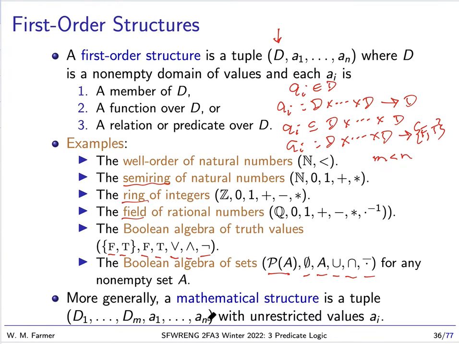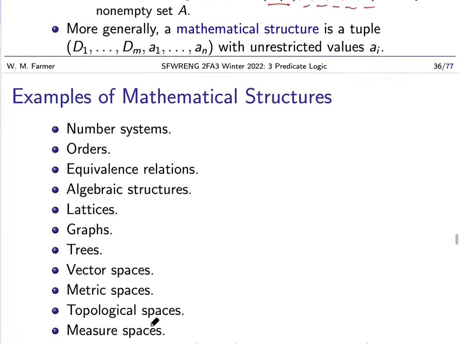They could be really unrestricted, much more involved. So first-order structures are special kinds of mathematical structures. Mathematical structures are everywhere in mathematics, and some people have even gone as far as saying mathematics is really the study of mathematical structures to a large extent.